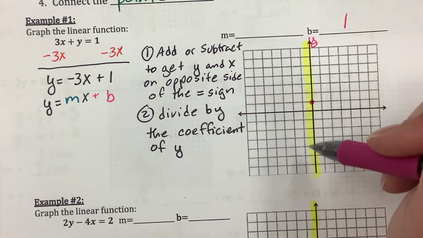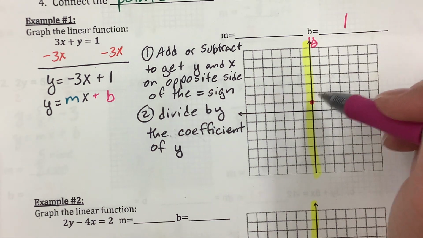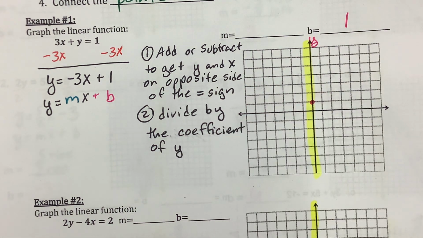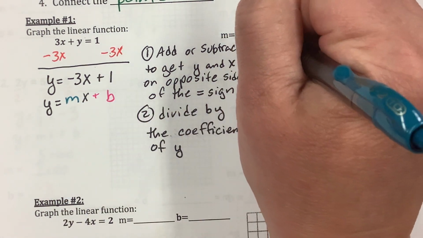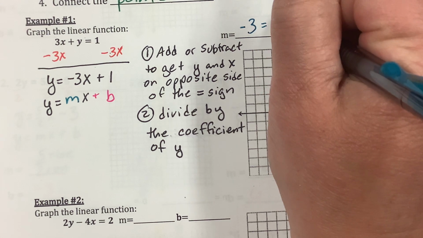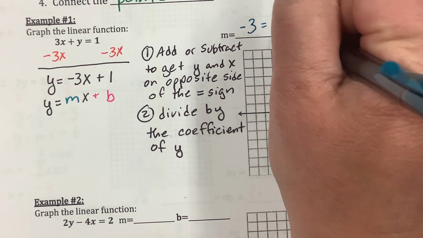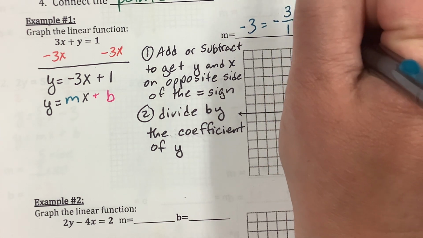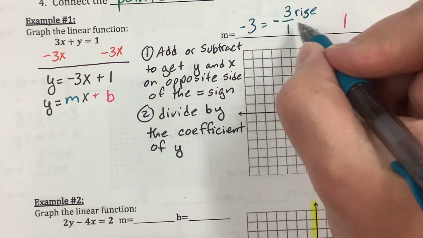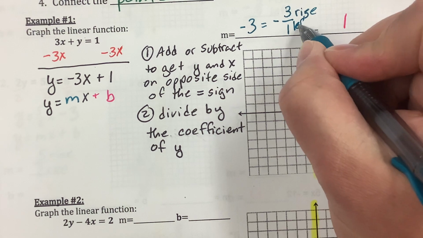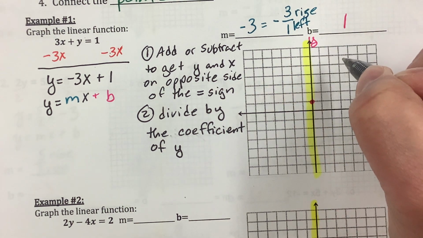Remember, y-intercept. Right now, my slope is negative 3. And that's really negative 3 over 1. So I can rise 3. Oh, but it's negative, so I have to go left 1. Rise 3, left 1.